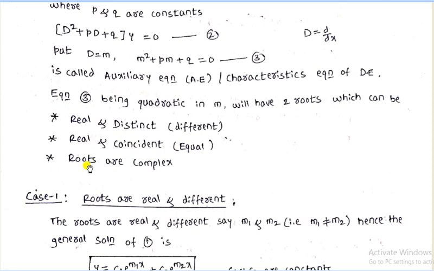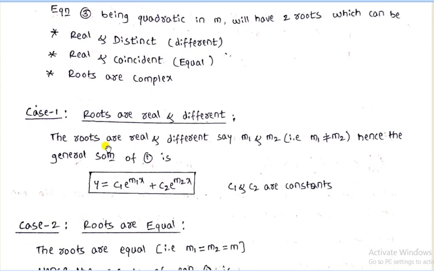And the third possibility is that the roots are complex. So the roots of equation 3 may be real and different, or real and equal, or complex. Now we will discuss these three cases one by one.